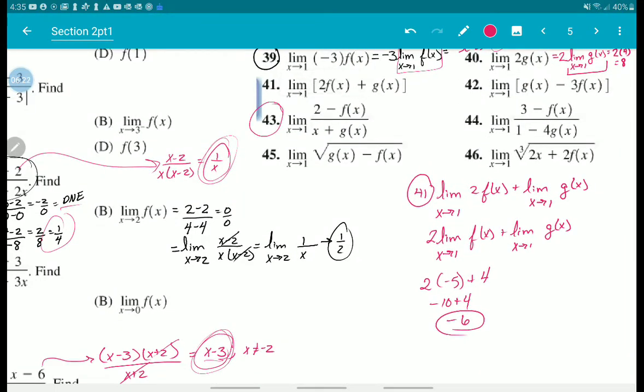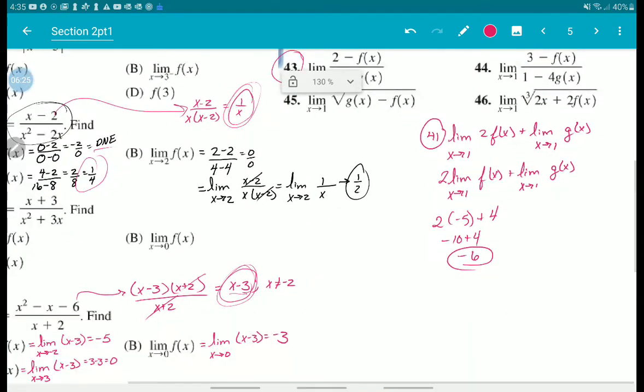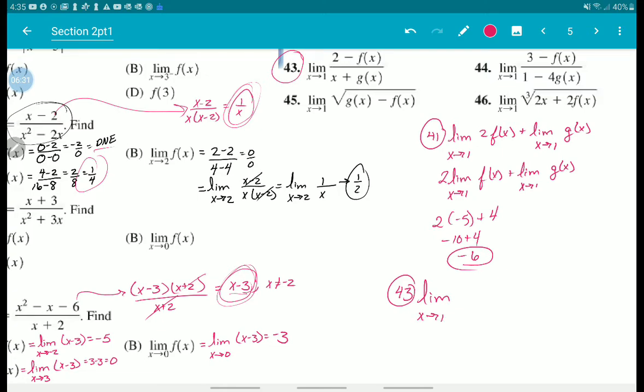Let's look at 43. So 43 is asking us for the limit as x approaches 1 of (2 minus f of x) over (x plus g of x). So we could write that as this, taking the limit of the top and the bottom separately. I'm going to use brackets to show I need to take the limit of each piece.